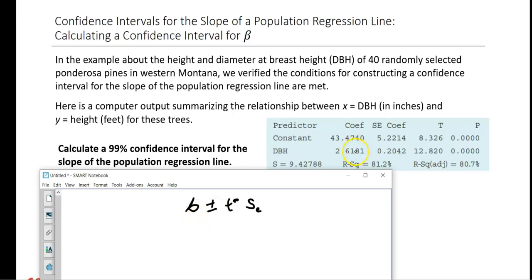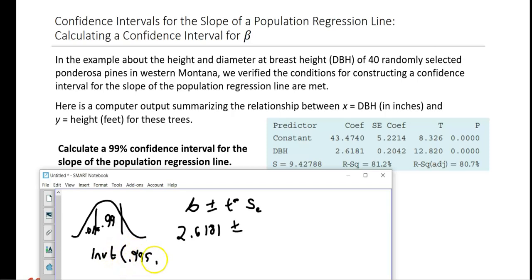The y-intercept is 43.47. It says constant. Right below that is the slope, so 2.6181 plus or minus. To find the t critical value, for 99%, that's 0.995, so inverse t of 0.995, comma degrees of freedom, which should be 38, because again, it's n-2.